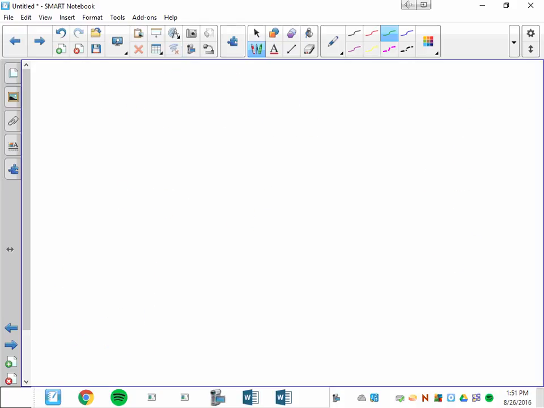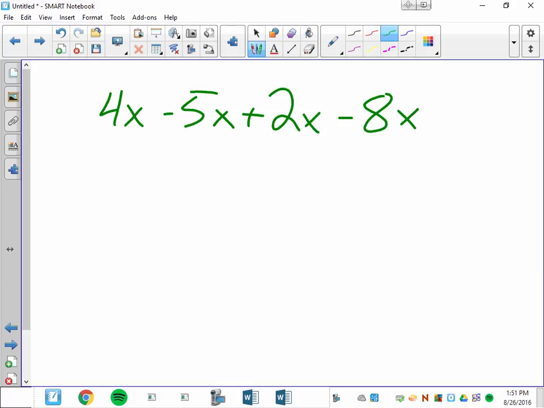So if I had 4x minus 5x plus 2x minus 8x, can I put all those together? Why? What allows us to put them all together? They all have just an x to the first, and we call them like terms.